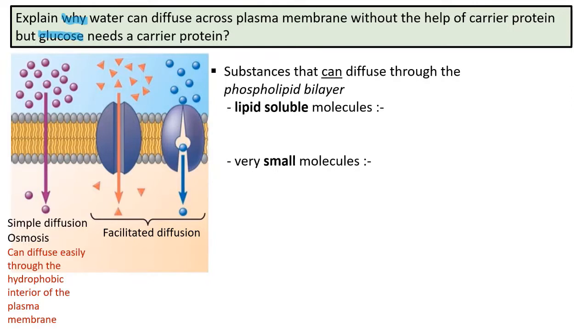This is because of the chemical and structural nature of the phospholipid bilayer, where the interior parts of the plasma membrane are hydrophobic. So, only lipid-soluble molecules and very small molecules are able to diffuse through phospholipid bilayer.